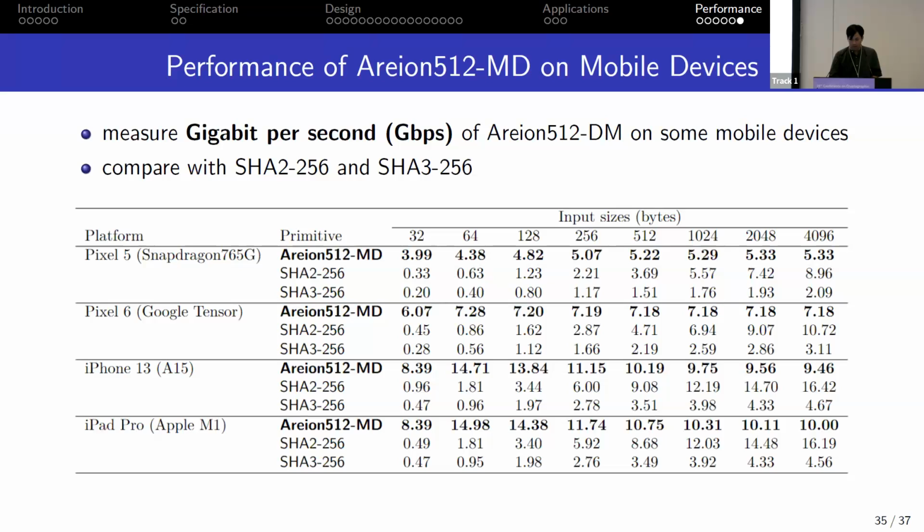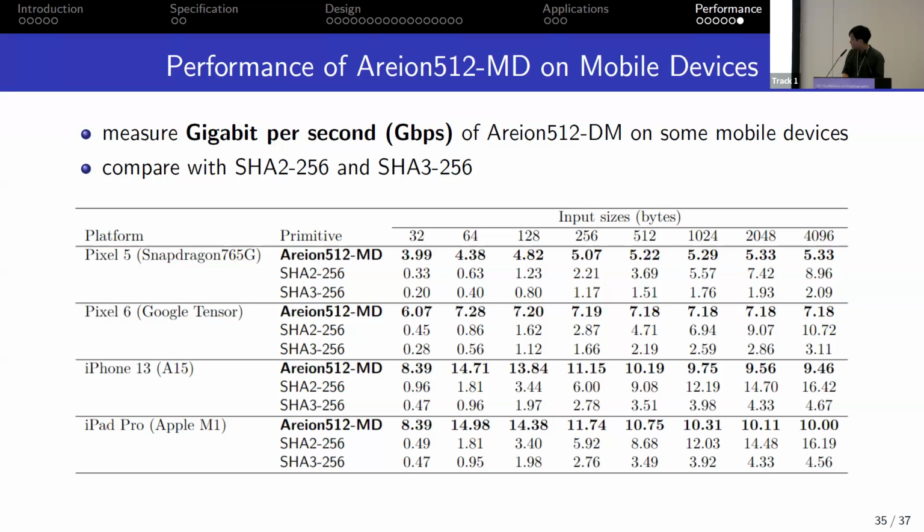And we also measured the performance of Rayon 512 MD on mobile devices. Here, we measured the gigabits per second of Rayon 512 MD on some mobile devices and compared with SHA-2 256 and SHA-3 256.